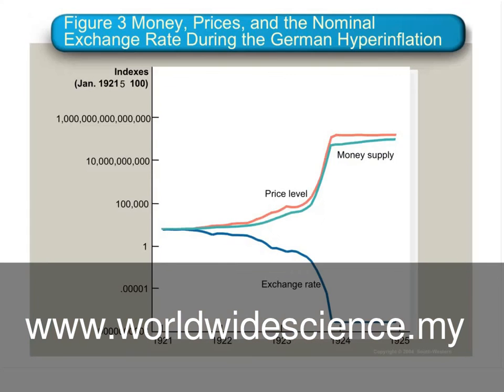As you can see here, money, prices, and the nominal exchange rate during the German hyperinflation. You see the exchange rate at different years, and the price level and money supply. As the price level went high and the money supply was added a lot, the exchange rate has been going down and down.